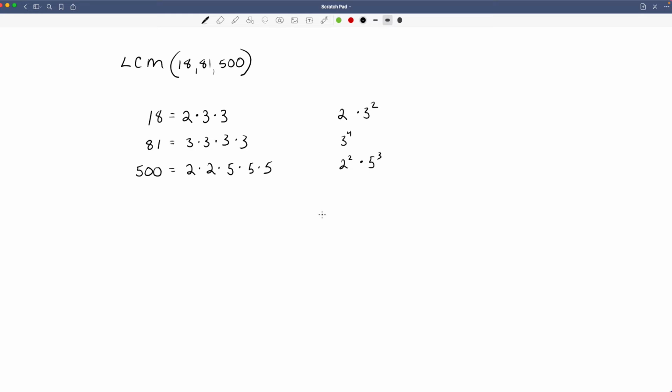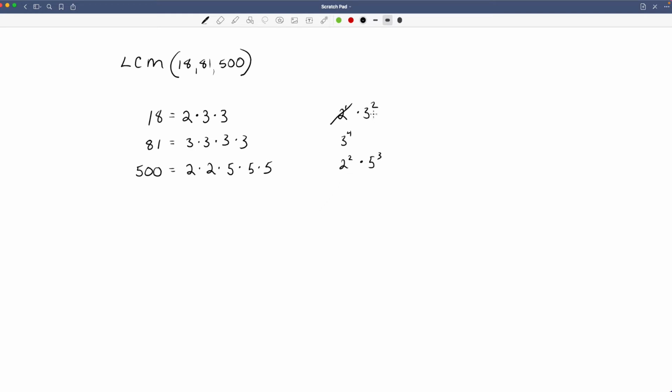So now we just need to look at each base and use the base with the biggest exponent that matches. So let's start at the beginning, I have 2, and whenever you have a factor by itself, it's to the 1 power. All right, so which one is bigger, 2 to the 1 or 2 to the 2? 2 to the 2 is bigger, so we can cancel that one out.